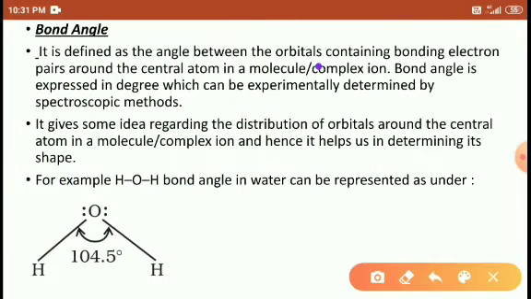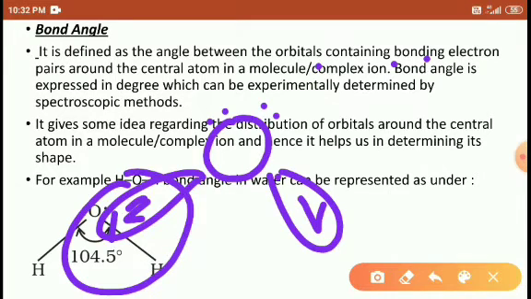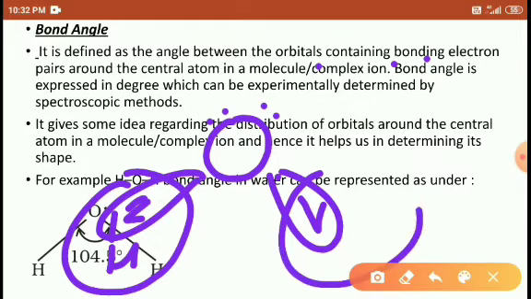The distance between the orbitals containing the bonding electron pair around the central atom is called a bond angle. For example, students, take the water molecule. Water has 6 outermost electrons. One electron is present here, so it is unstable; here also one electron is unstable, so it bonds with hydrogen and gets paired.